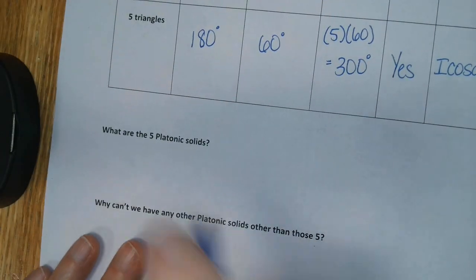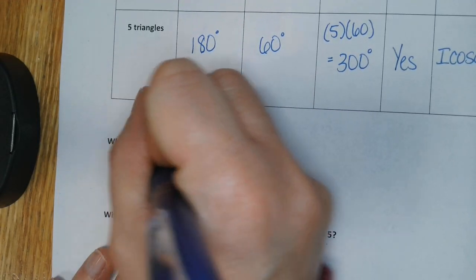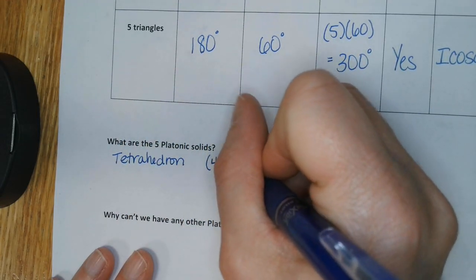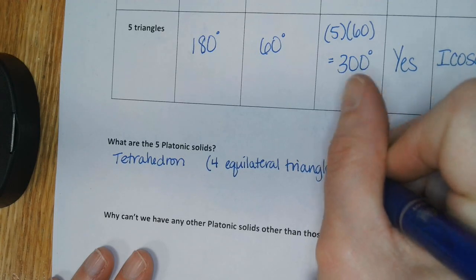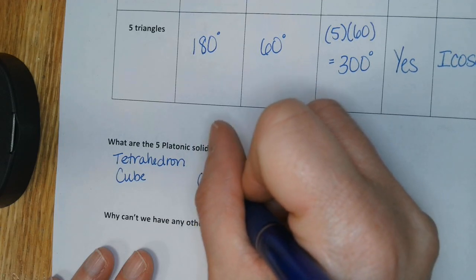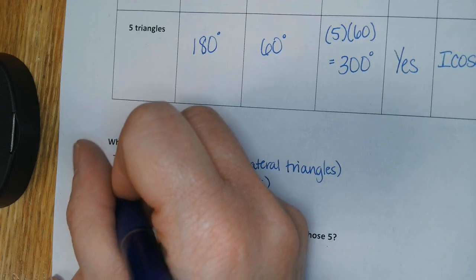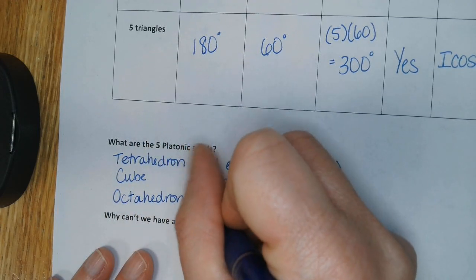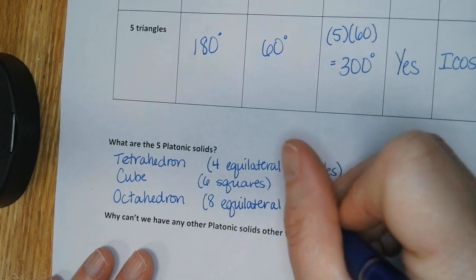So the 5 Platonic solids are a tetrahedron, and this is made up of 4 equilateral triangles. A cube, which is made up of 6 squares. An octahedron, which is made up of 8 equilateral triangles.